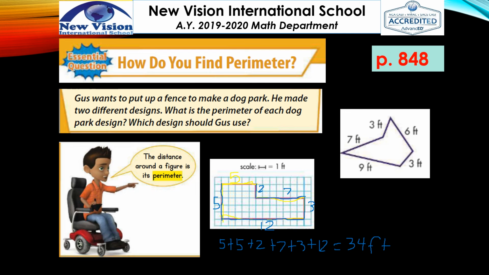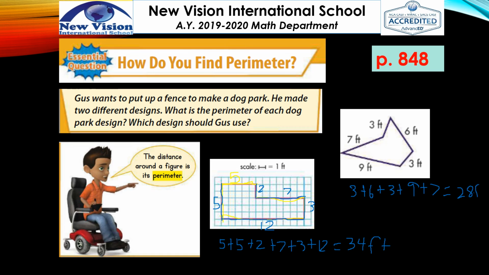In the second drawing, add the lengths of the sides to find the perimeter. So we have here 3 plus 6 plus 3 plus 9 plus 7, giving us the total of 28 feet.